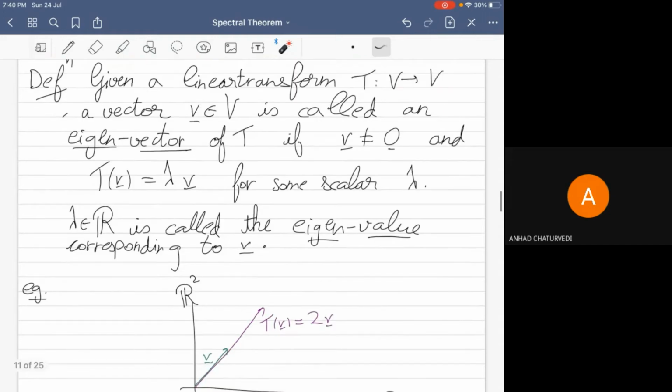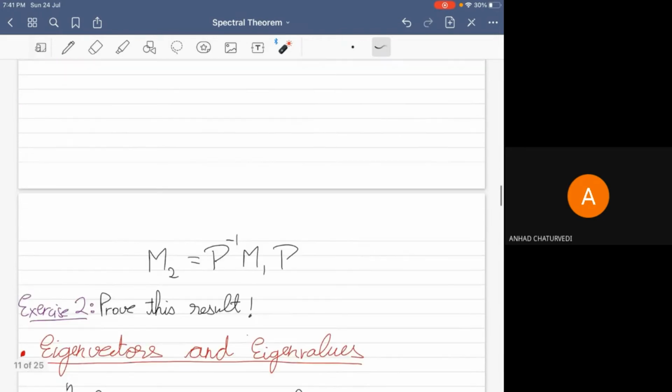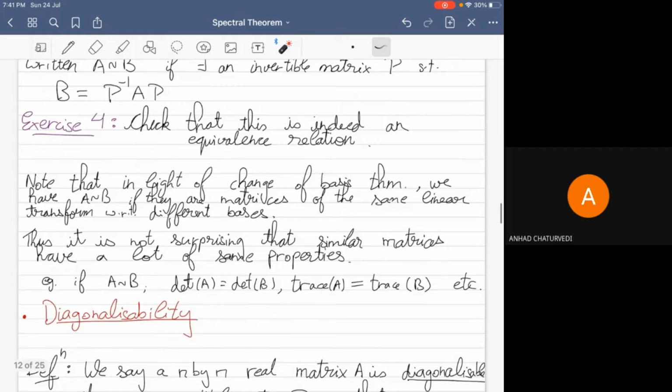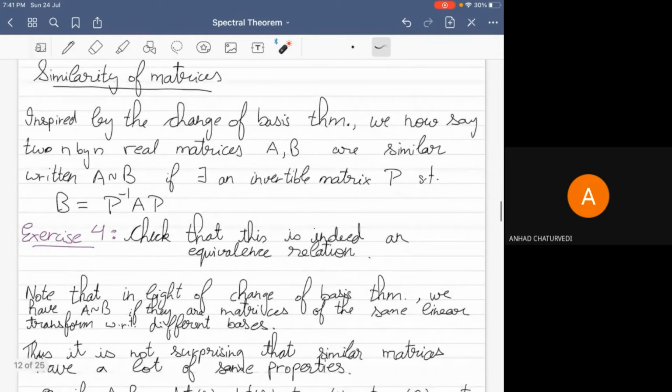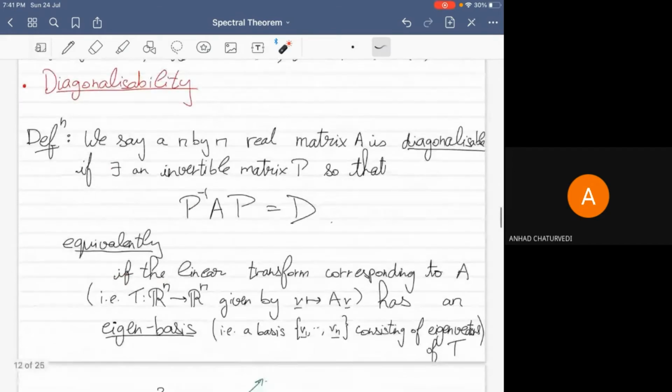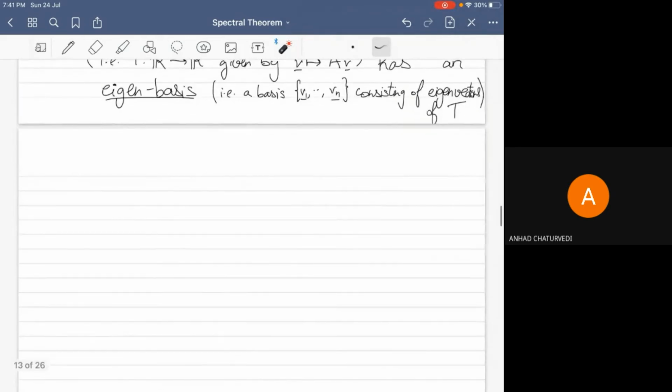I'm sorry, could you please repeat the meaning of the definition of A and B are similar? Sure. If we change the basis vectors of say Rn, then A and B are similar if they correspond to a linear transform with respect to one basis and the same linear transform with respect to another basis. Could you repeat that?